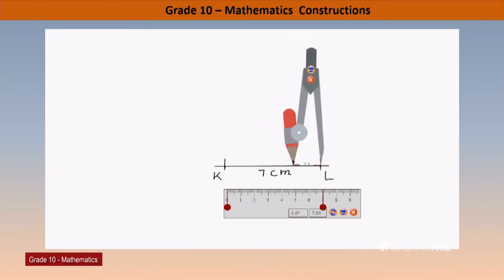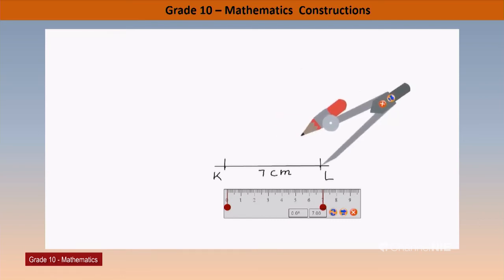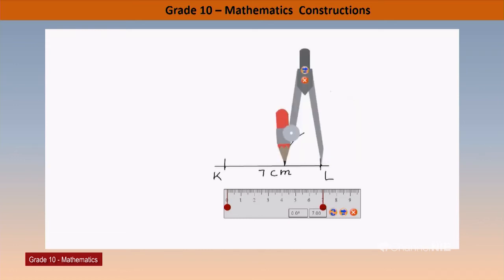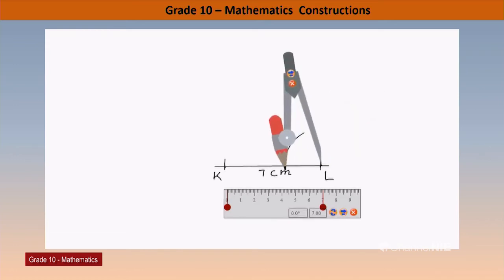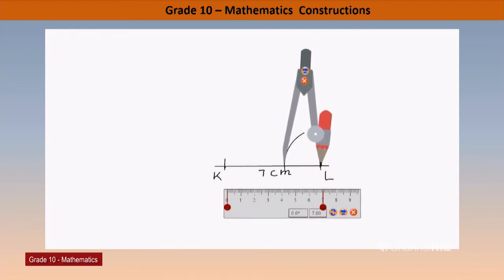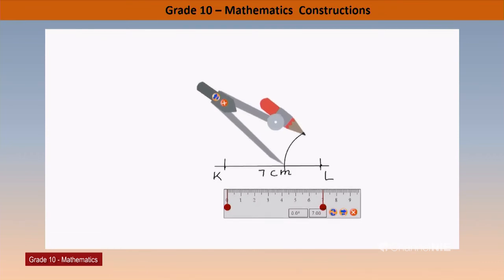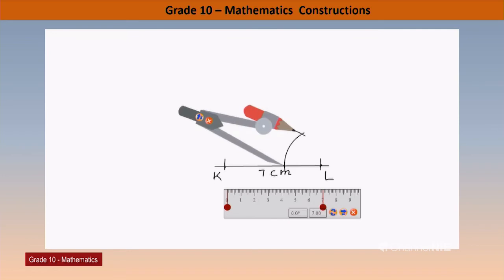Next, we have to construct 60 degree on L, KLM is 60 degree. Construct an arc, keep the steel point on L. Next, we found another point, keep the steel point on that point, take that point as center, draw an arc.